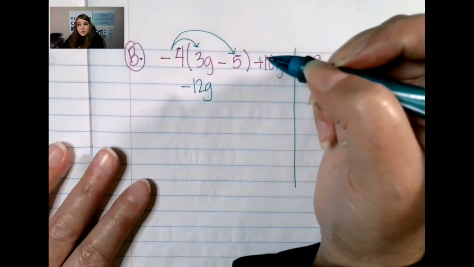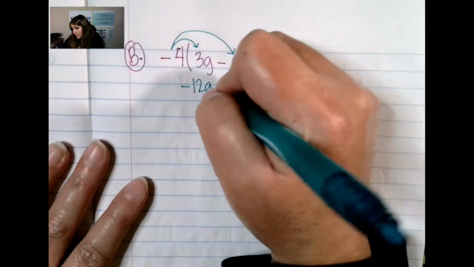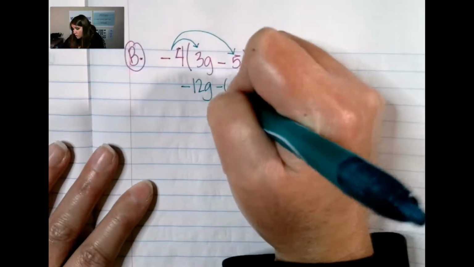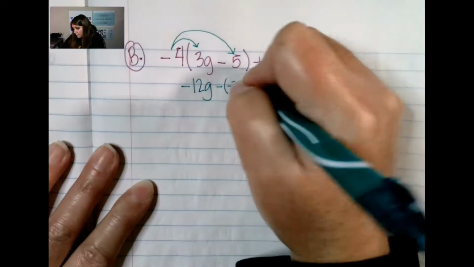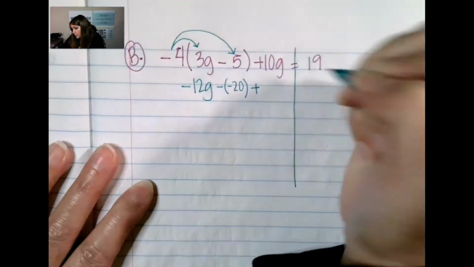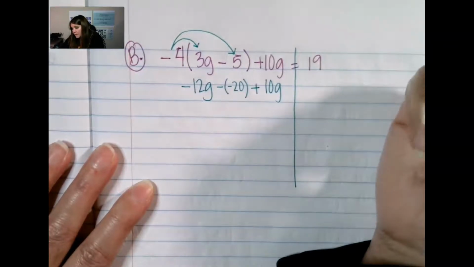So -4 times 5 is 20, -20. So see how I have a minus -20? Plus 10G. So many negative signs.